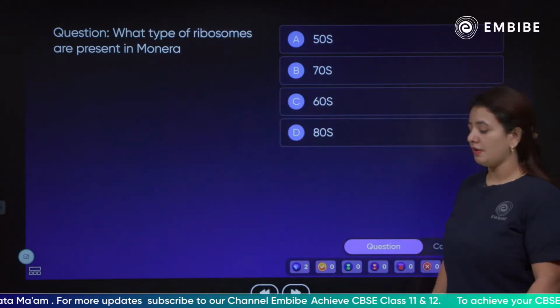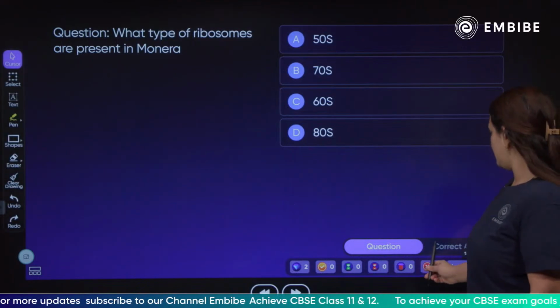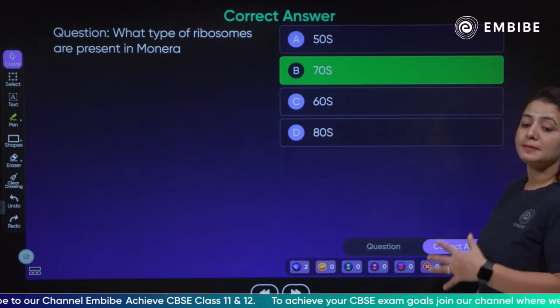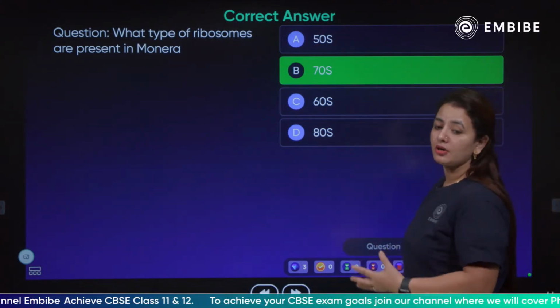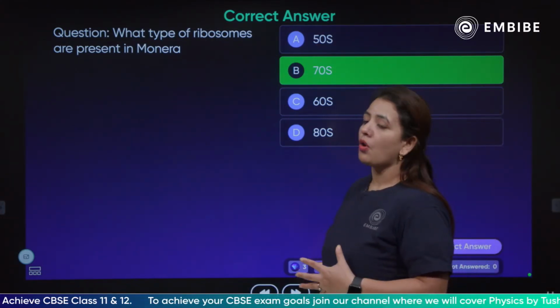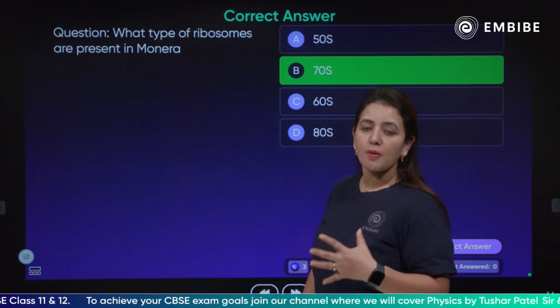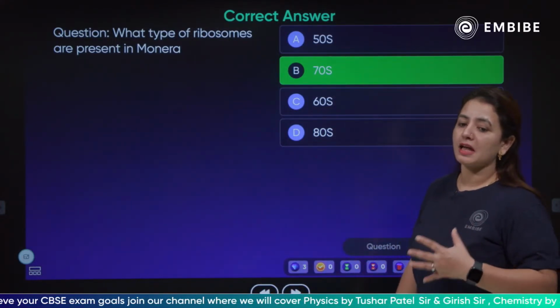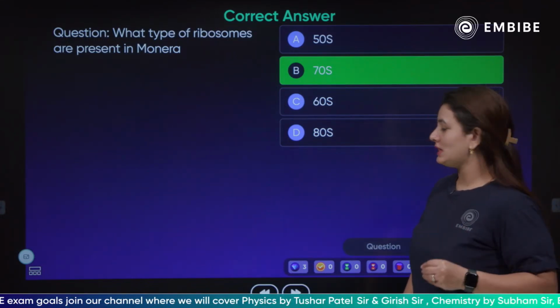Yes, children, just now we told you. The correct answer is 70S. The 70S type of ribosome is present in monerans, the bacteria, the unicellular prokaryotic organisms, for protein synthesis.